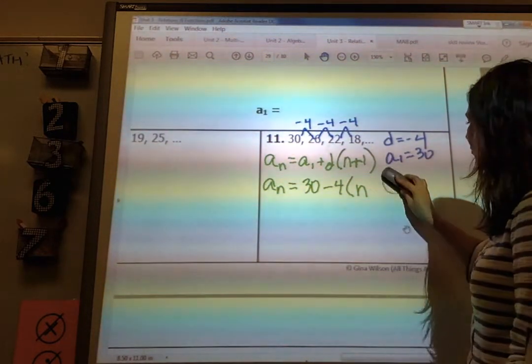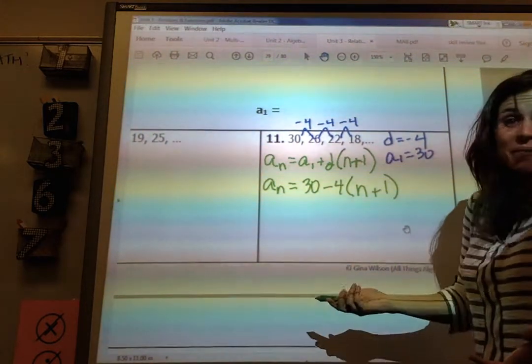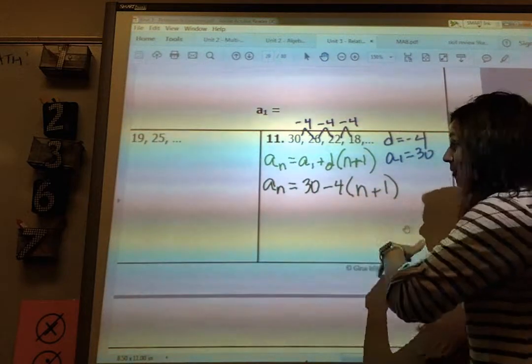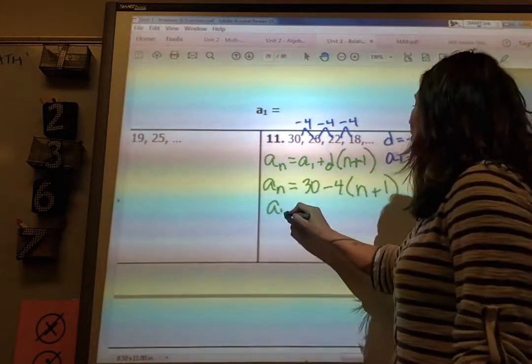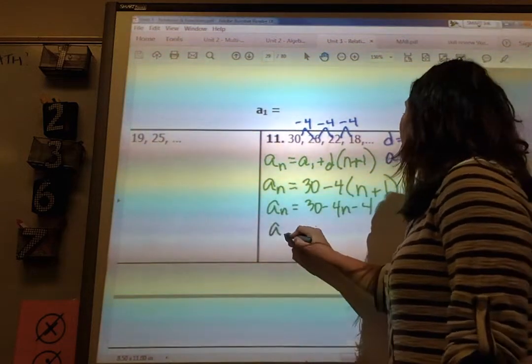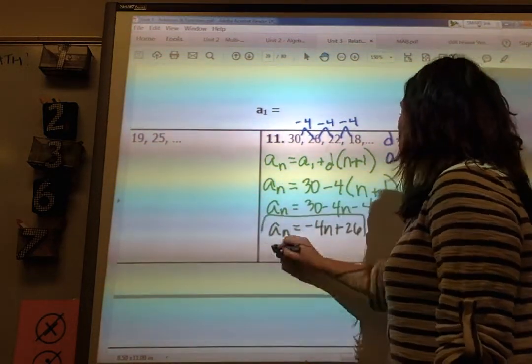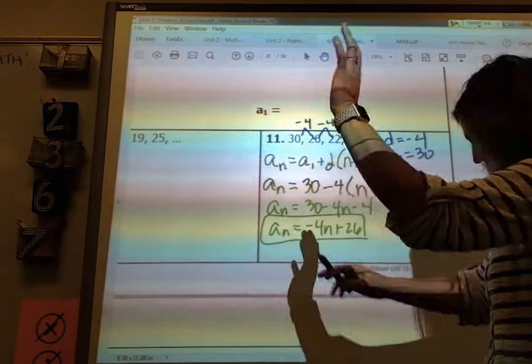N minus 1, what am I doing? Okay, pause it and then just whatever, that's it. So now when I write my rule, I get 30 minus 4n plus 4, and my rule is negative 4n plus 34. Okay, that's it, that's it.